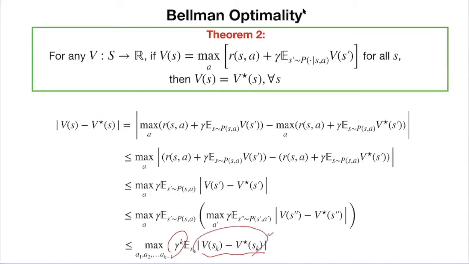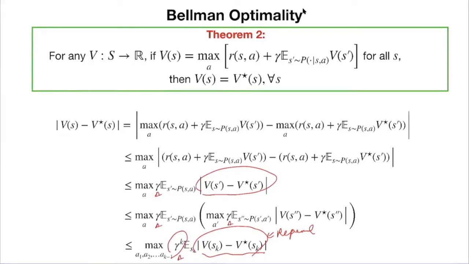Basically, if we do one such procedure, we get one discount factor out. If you repeat the process for this term, we get another discount factor. So we have two discount factors if we do this process twice. If you do this process k times, we get gamma to the k.